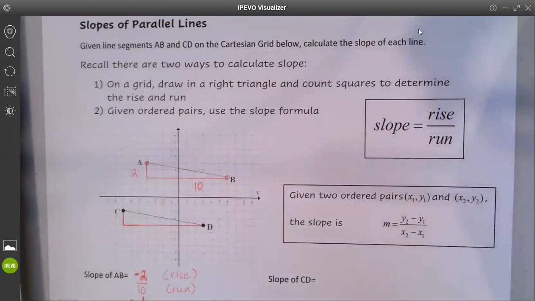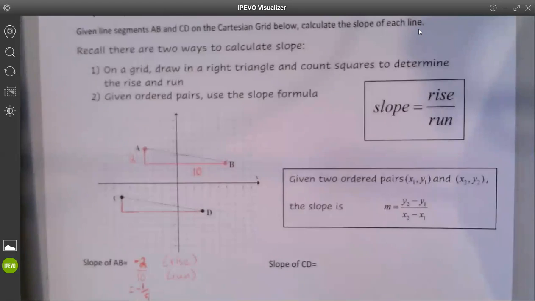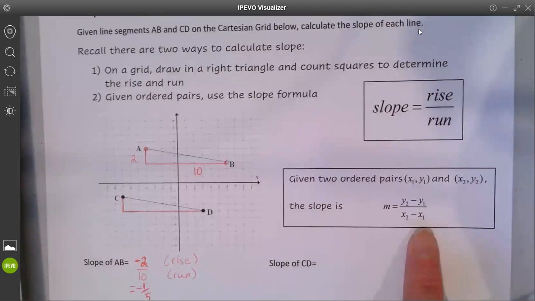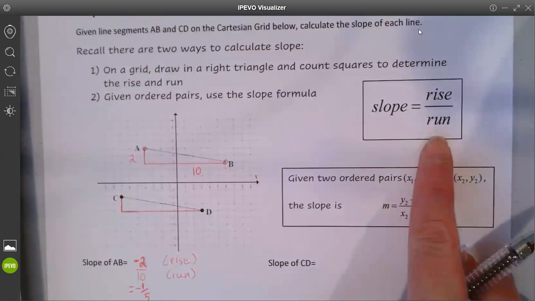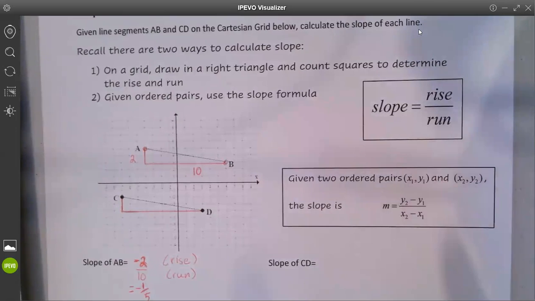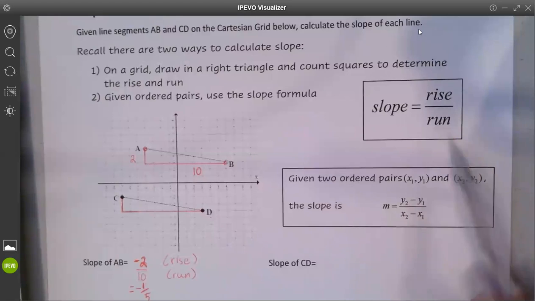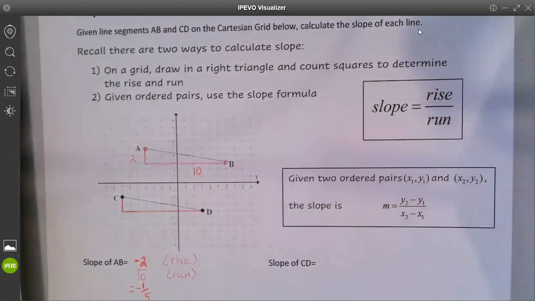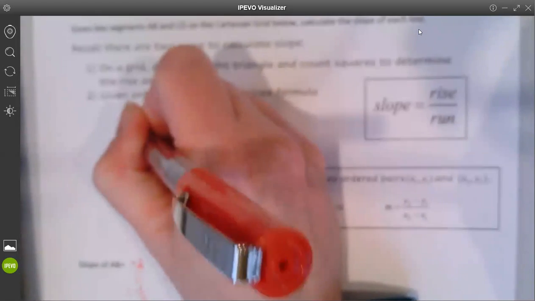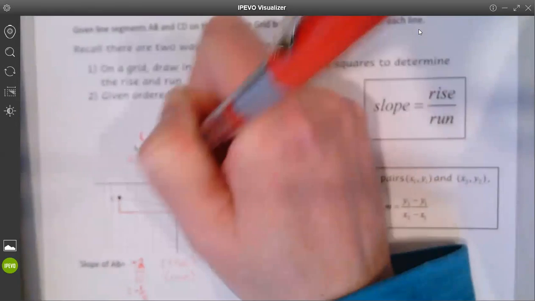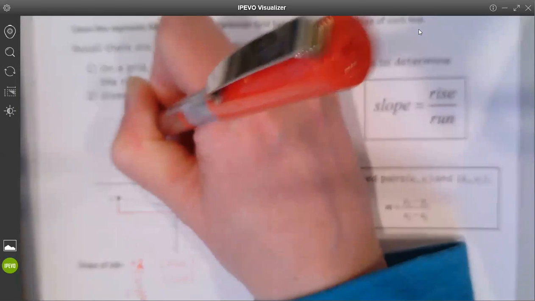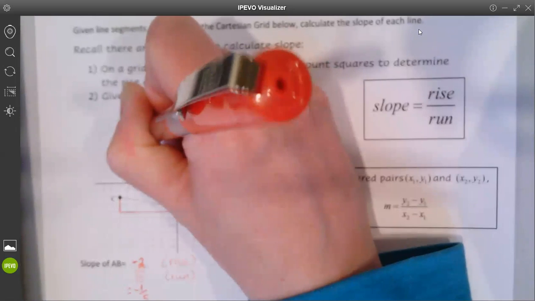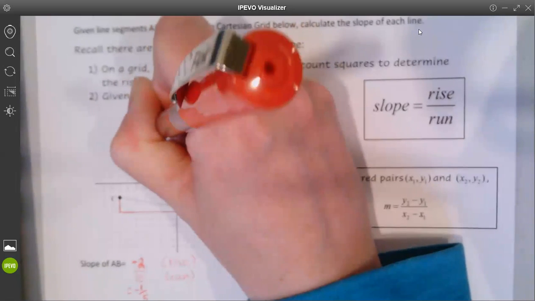While if you are working with ordered pairs, there's another way to do it, which is also related to this formula rise over run. The rise is essentially the difference in the y values, and the run is the difference in the x values. So if I go back to my grid, the coordinates of A are -4 and +5. So I'm going to write that in.